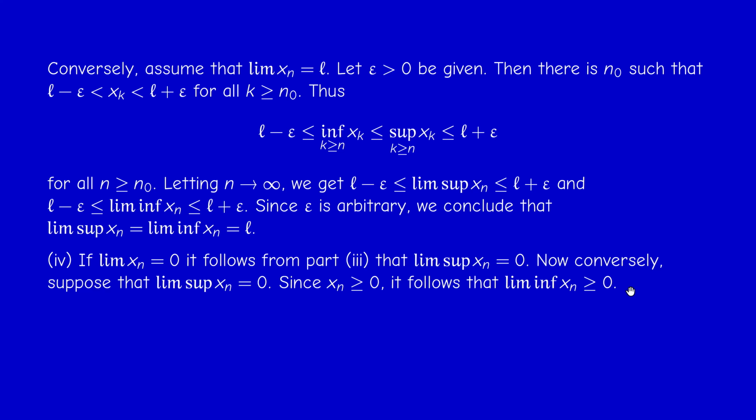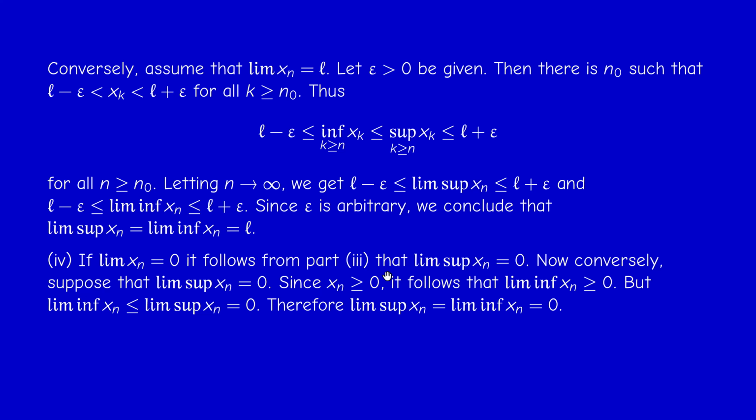So what do we have now? We have liminf less than limsup, which is 0, but liminf is bigger or equal than 0. So we have 0 less or equal than liminf less or equal than limsup equals 0. So all these four quantities are 0. And now, if limsup equals liminf, then by 3, the sequence is convergent, and to the same common value.